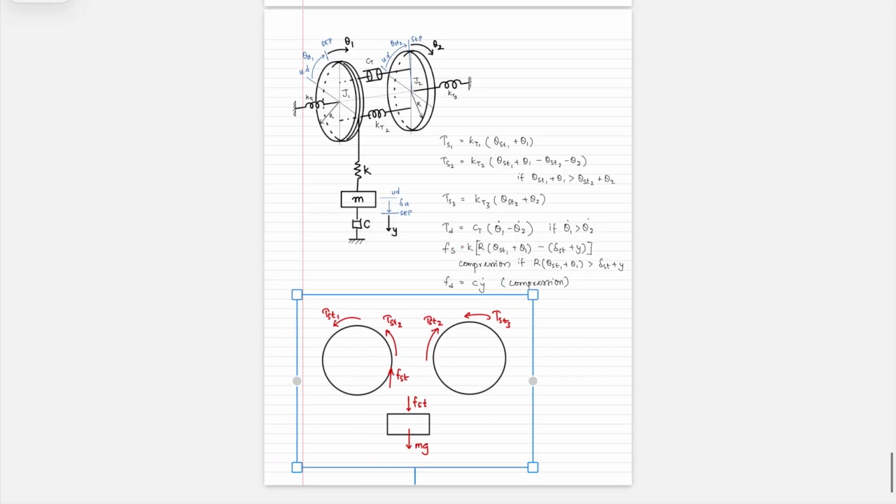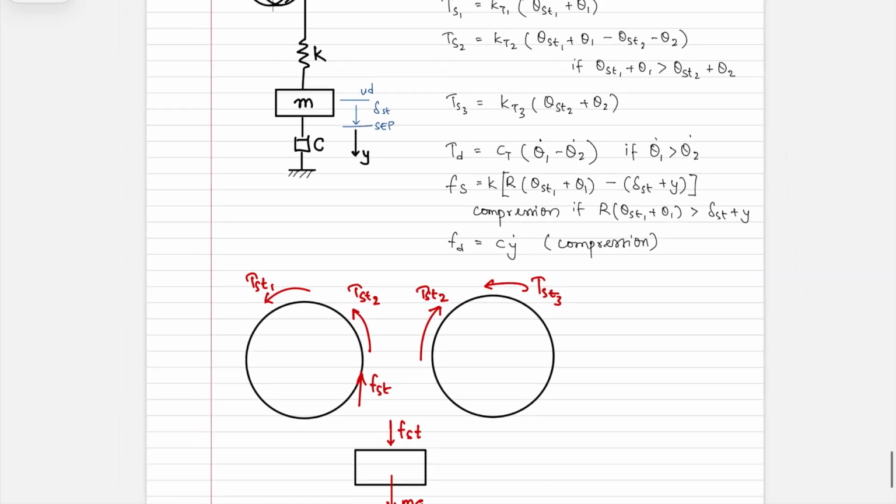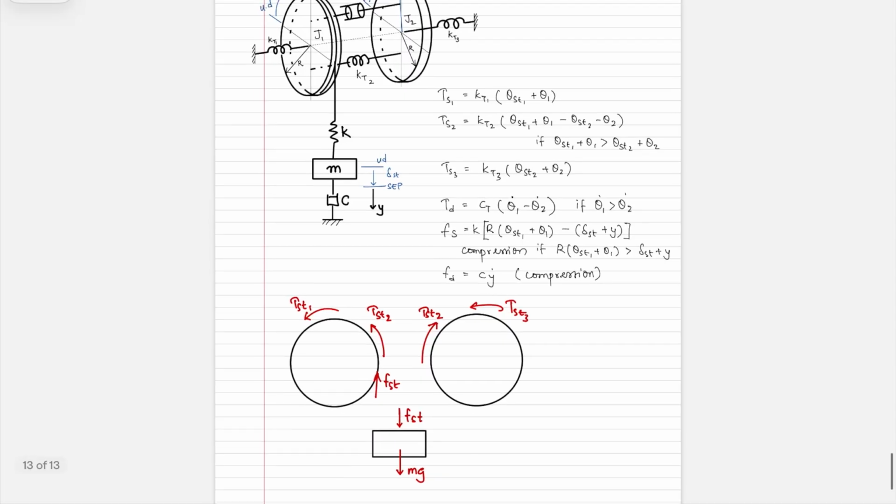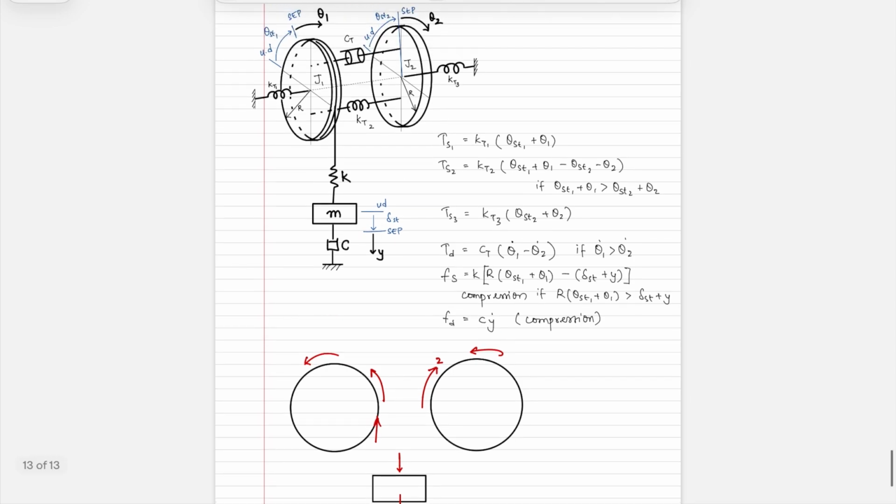Then I'm going to update the free body diagram. So we have, you will have tau S1 acting opposed to this. So this here is tau S1 as previously sketched.